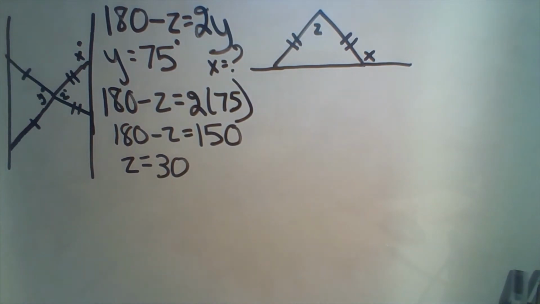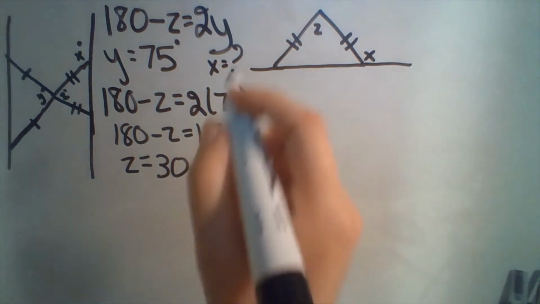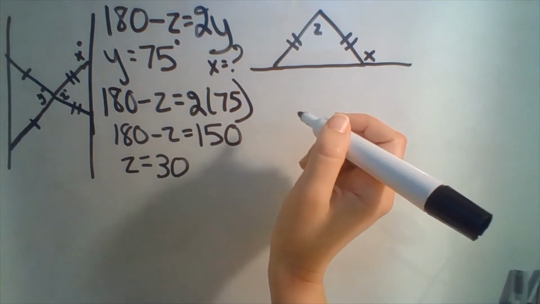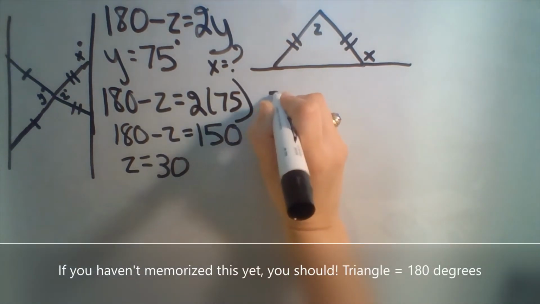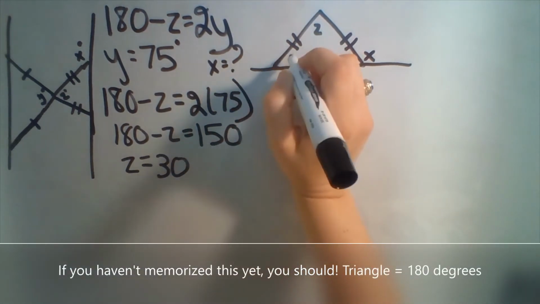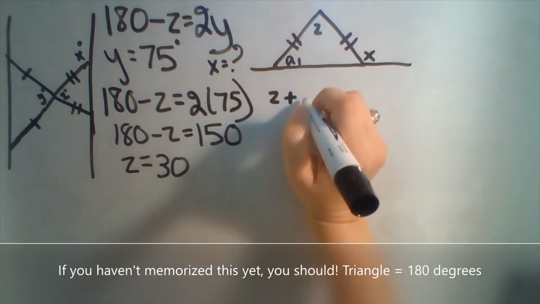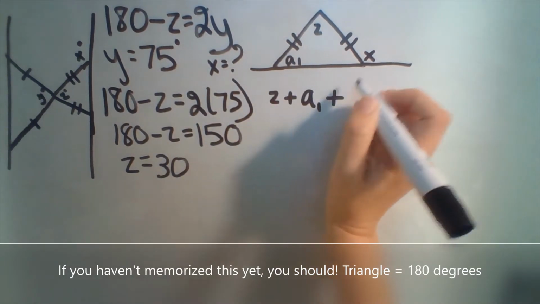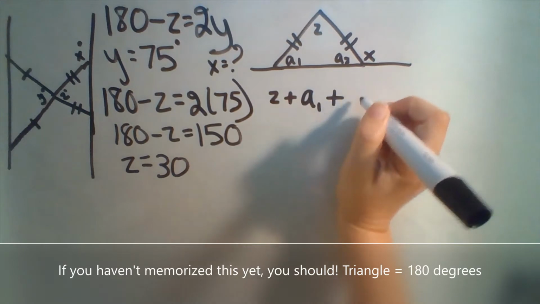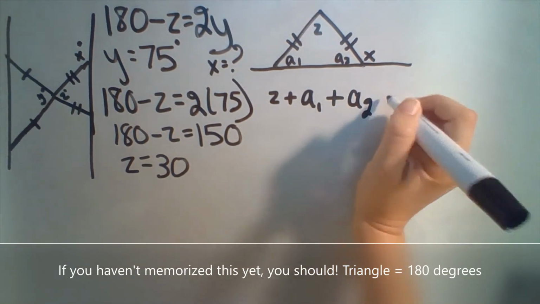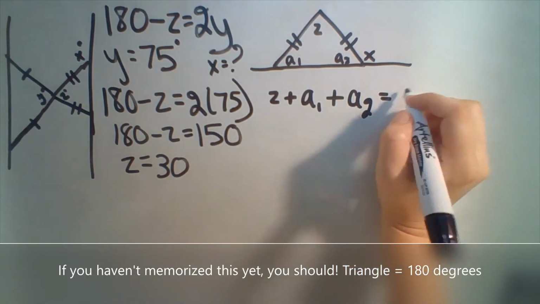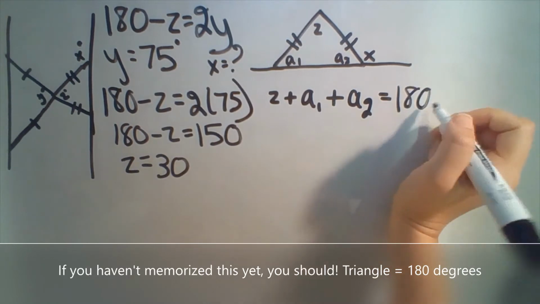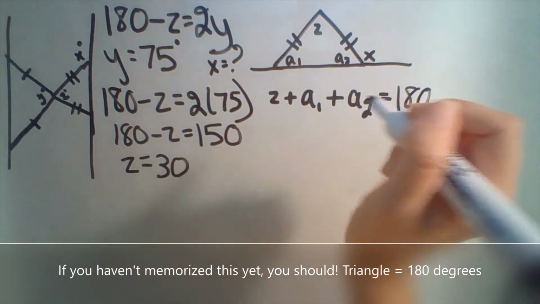So what do we know? We know the number of degrees of all the angles in a triangle. So we know that z plus, let's say this angle, angle 1 over here, plus this angle, let's say angle 2, is equal to how many degrees? 180 degrees. 180 degrees in any triangle.